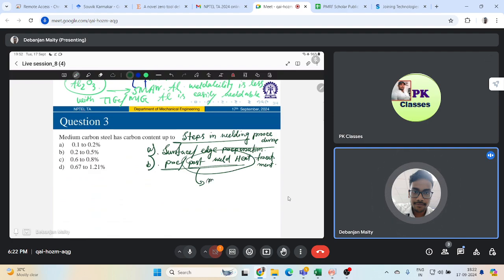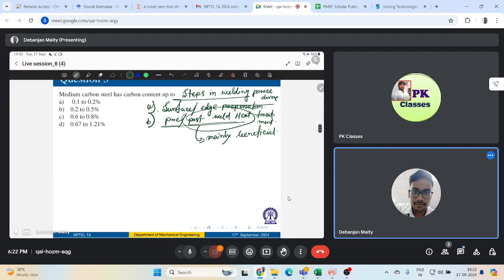So mainly this is beneficial for reduction in residual stress, right? Whenever you reduce your residual stress, that will automatically influence the weldability of your metal.